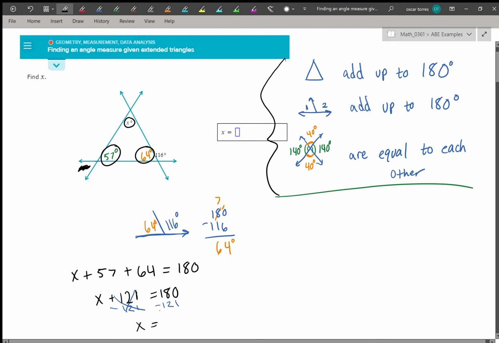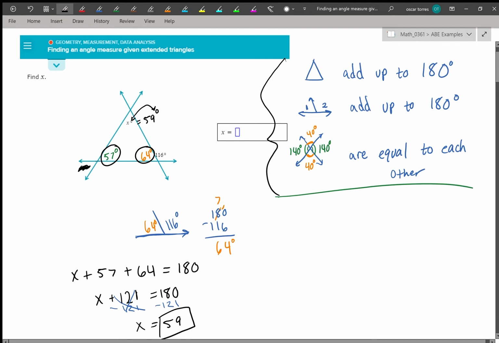And if we do the math, that gives me 59. So we get x equals 59, and that would be our answer. We don't need to put the degree symbol because if we look back up here at the original x, that x already has a degree symbol. So if we replace only the x with the 59, it'll automatically have that degree symbol carried over.